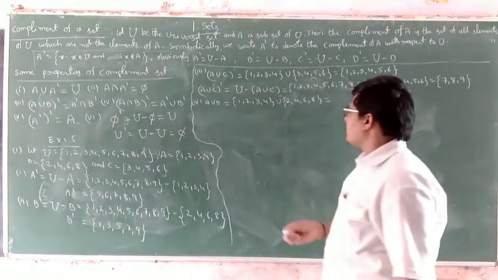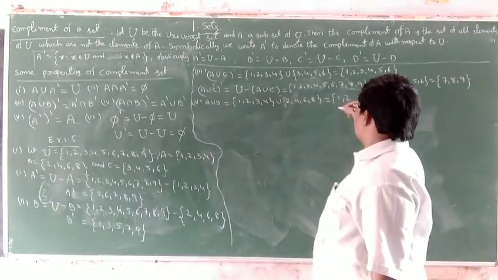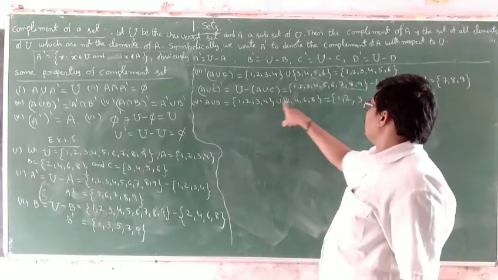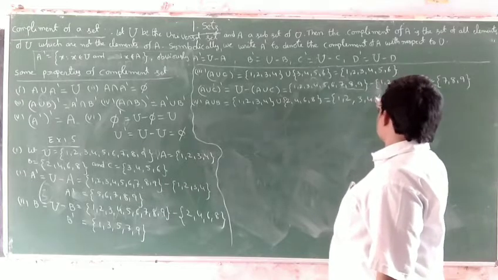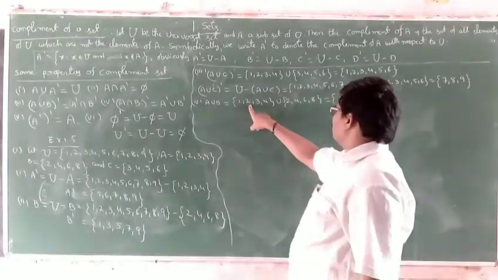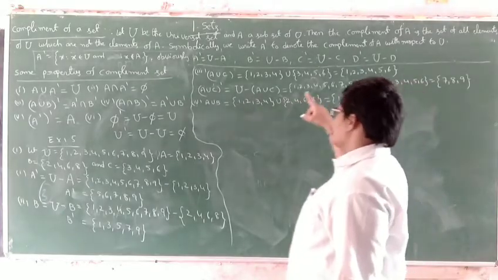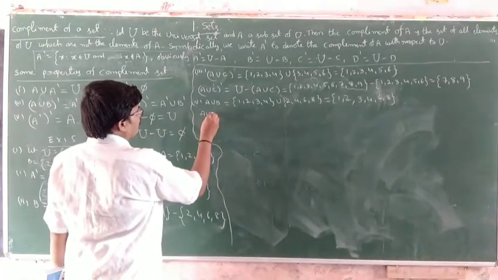Union means A or B. So 1 we write only one time, and likewise 2, 3, 4. So A union B is {1, 2, 3, 4, 6, 8}.